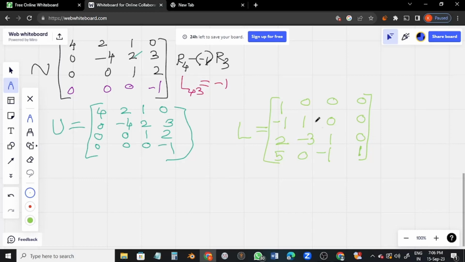To write lower triangular matrix, we place 1 along the diagonal. Above the diagonal, we mark all zeros, and the k's that we have got at the respective places are placed over here, and this is the way we get our lower triangular matrix.